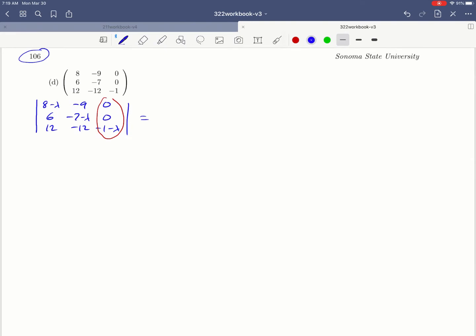And if you do that, you're going to get negative 1 minus lambda times the determinant of the 2 by 2 that looks like this: 8 minus lambda, negative 9, 6, negative 7 minus lambda. We'll do some algebra here.